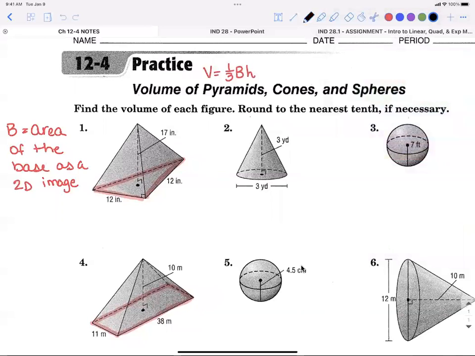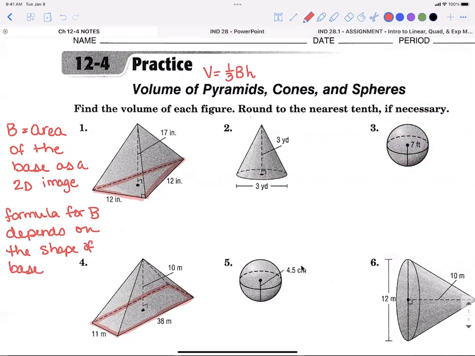And the formula for capital B depends on the shape of the base. That's why I have to leave it as a capital B. I can't tell you what the formula is going to be because I don't know if the base of the pyramid is a triangle or a parallelogram.